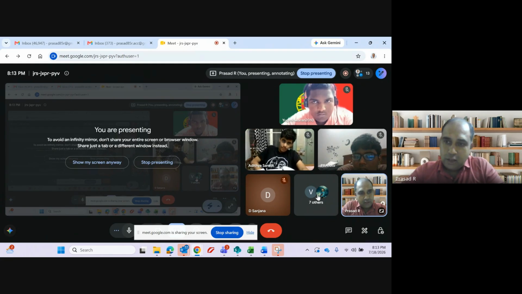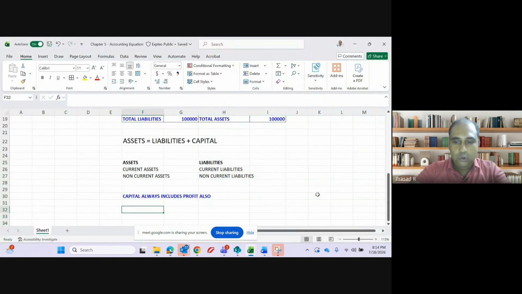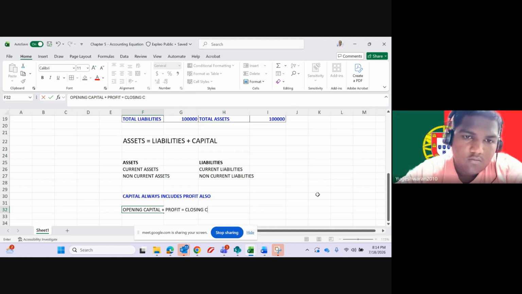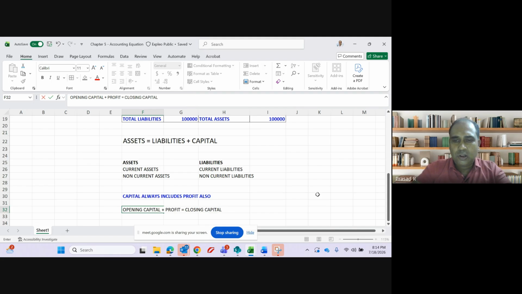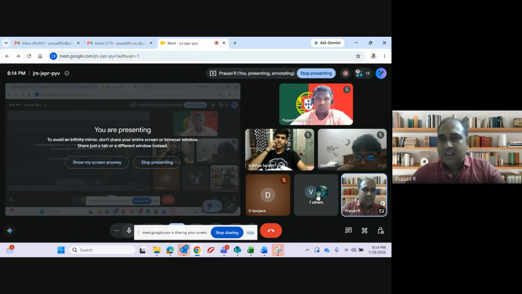Clear? What is the difference between opening capital and closing capital? Only difference is: opening capital plus profit equal to closing capital. Or if there is a drawing or additional capital, those things will be added or subtracted.